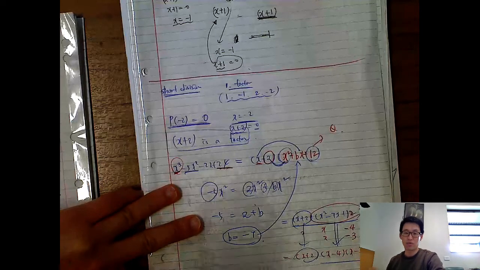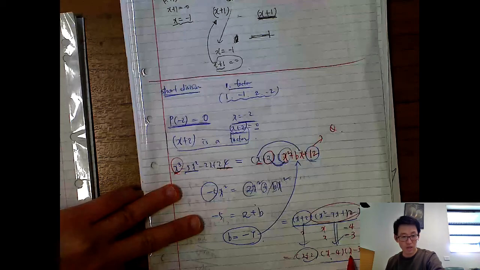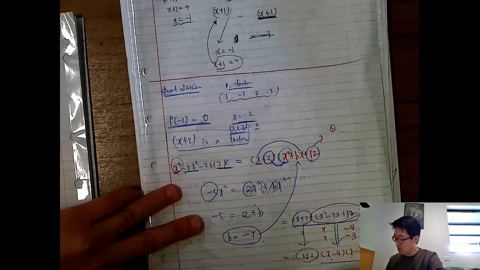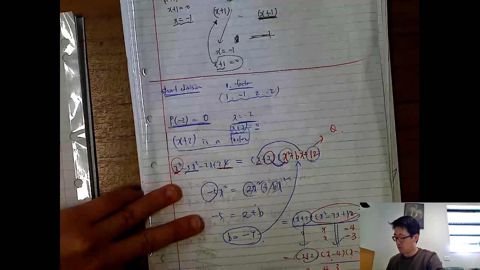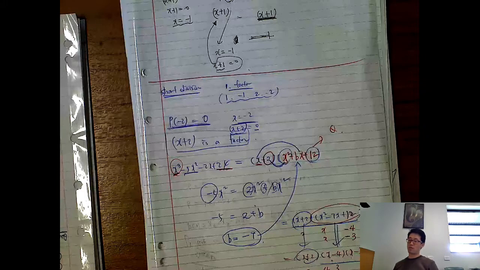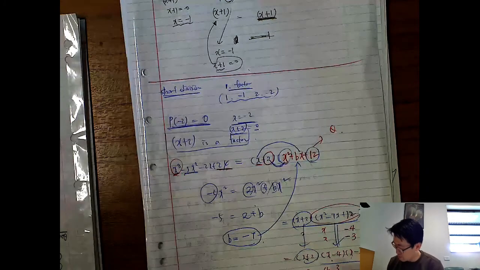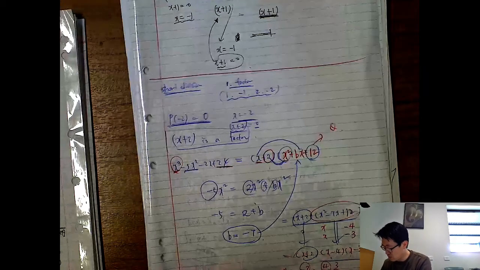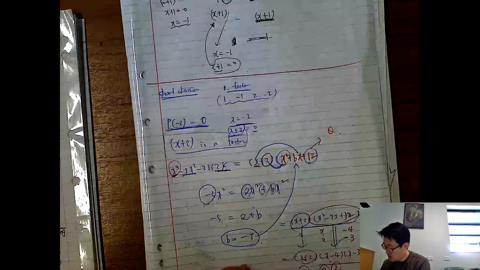Okay, so I have 3 factors: x plus 2, x minus 4, x minus 3. And I have 3 roots: minus 2, 4, 3. When I put in minus 2, 4, and 3, I get a remainder of 0. According to the remainder theorem, x equals minus 2, 4, or 3.